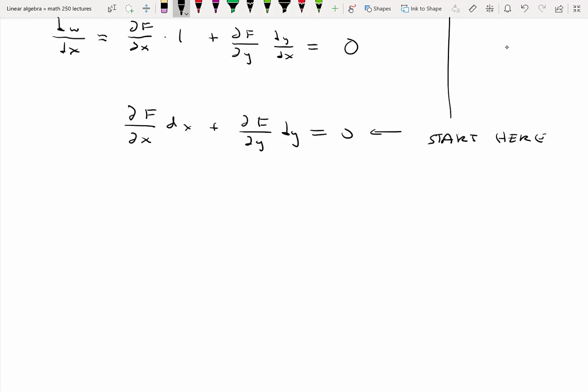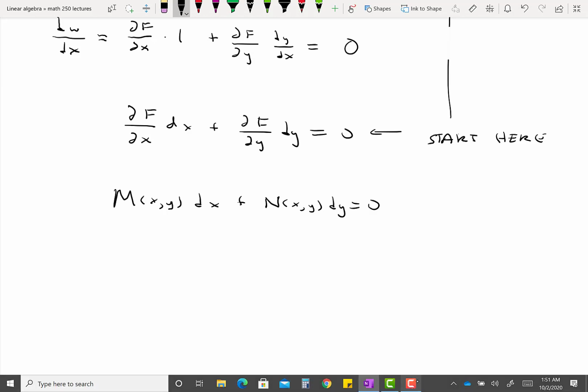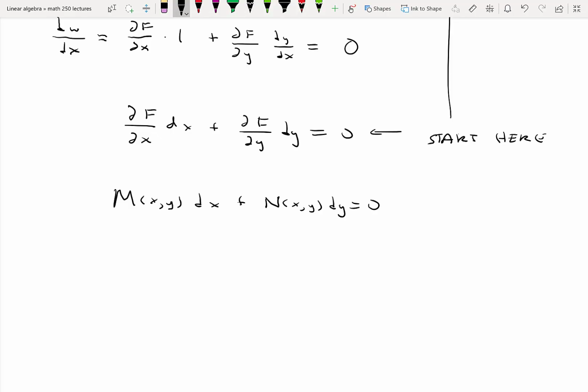It's going to have some function M of x and y times dx plus another function N of x and y times dy equals 0. This is how our differential equation is going to be given to us: M dx plus N dy equals 0, where M and N are functions of x and y.